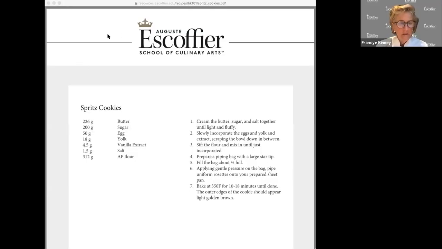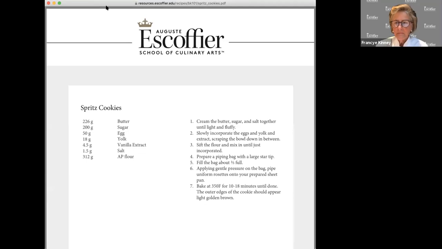But first, let's talk about the Spritz cookies. Evidently there were no percentages given for those or that formula. So let's take a look at it and we'll make that happen before we go on to the next thing.